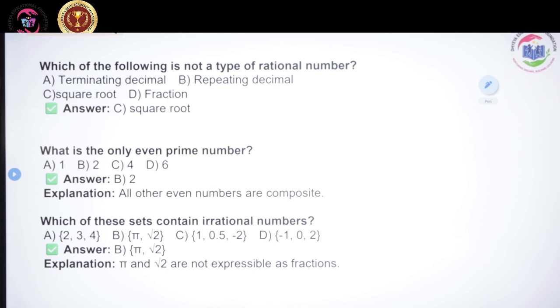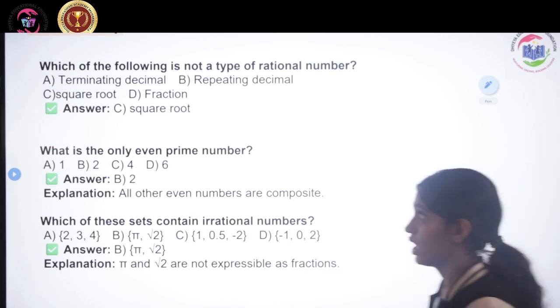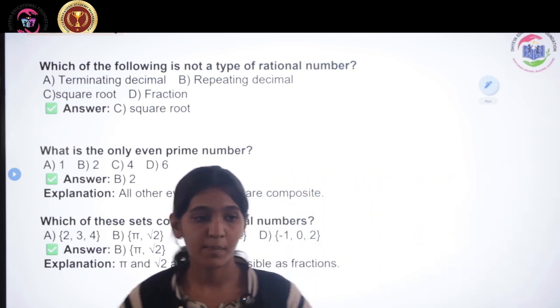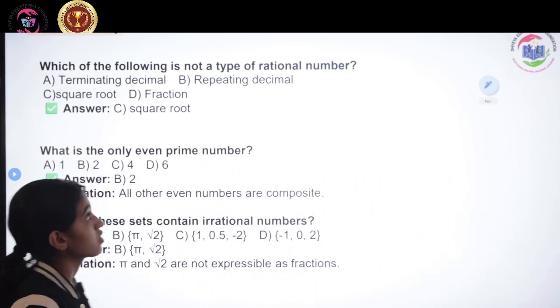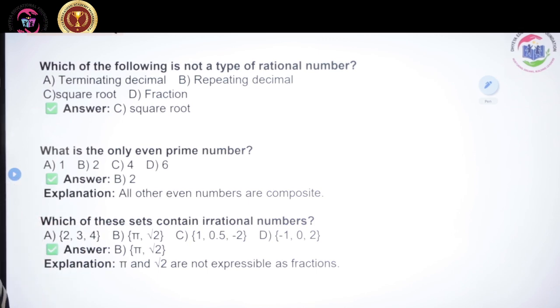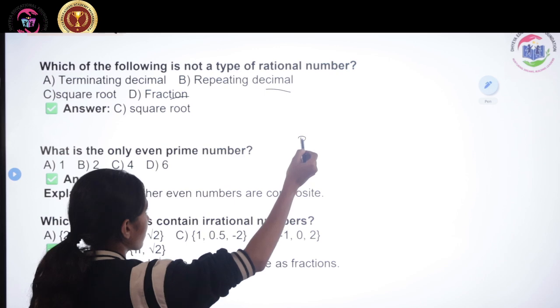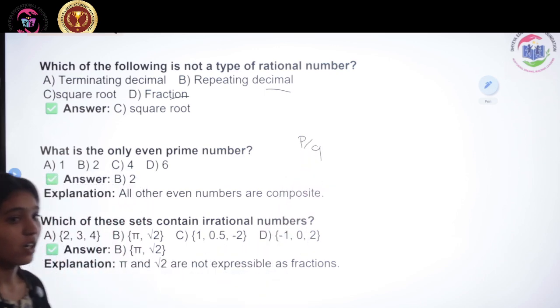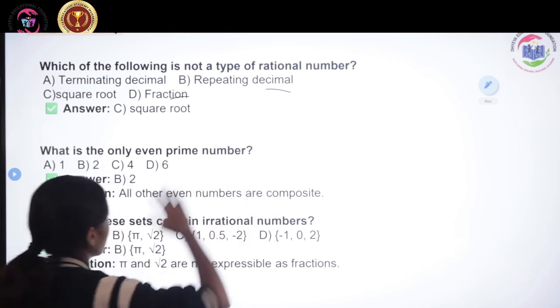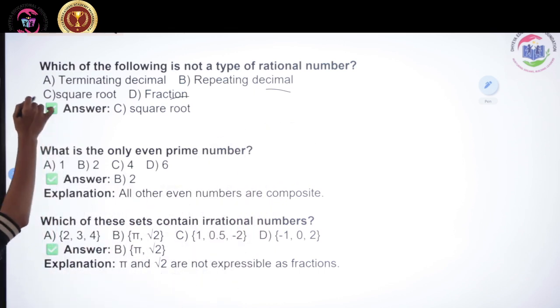Terminating decimal, repeating decimal, square root of anything, and a fraction like 1 by 2. Square root is not a type of rational number, because a terminating decimal can be represented as p by q. A repeating decimal is also represented as p by q. A fraction can be written as p by q. But a square root cannot be written as p by q. That means option C is the correct option.